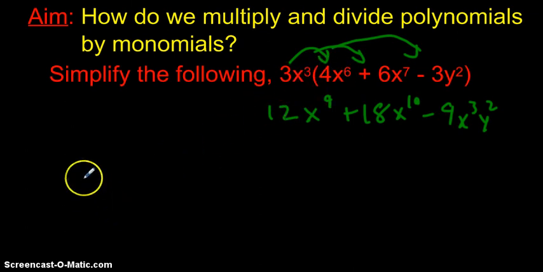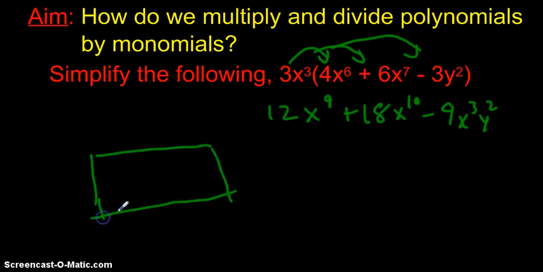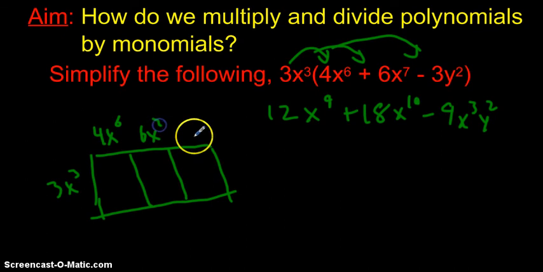That wasn't so tough, and you could actually think of this as a rectangle also. It might be more helpful with more complicated polynomials, but we'll look at it now, where this side is 3x to the third. This is actually broken down to three parts. 4x to the 6th, 6x to the 7th, and minus 3y squared.